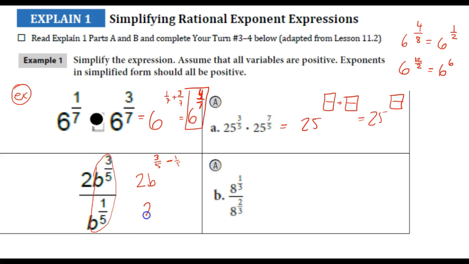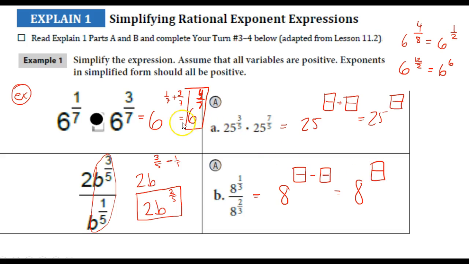So that would be 2b to the 3 take away 1 is 2 over 5. Again, if I can reduce it, I will. If I can't, though, that's as good as it gets. Alright, so try that one out for letter B. And go ahead and see if you can work that out.